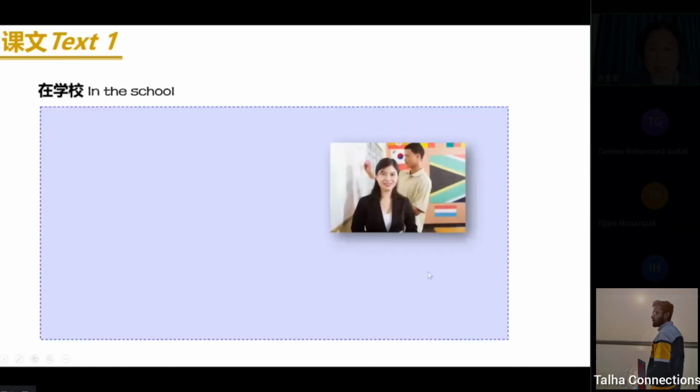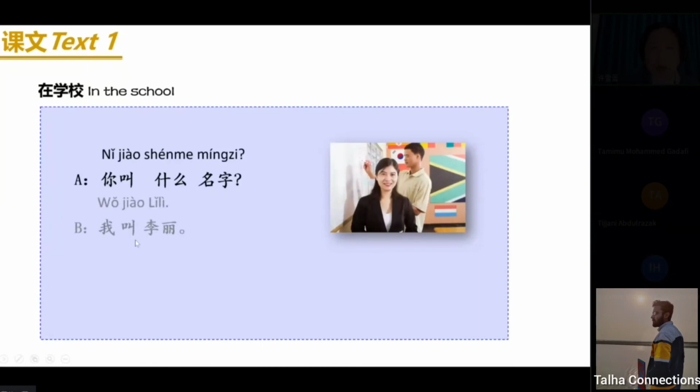All right. Now let's take a look at this short dialogue. 你叫什么名字? That is the question. And how to answer the question? 我叫. You remember 我, it is I, me. Both I and me is 我. So 我叫李丽. After 叫, here it is one's name.